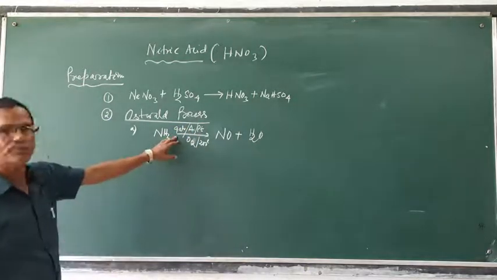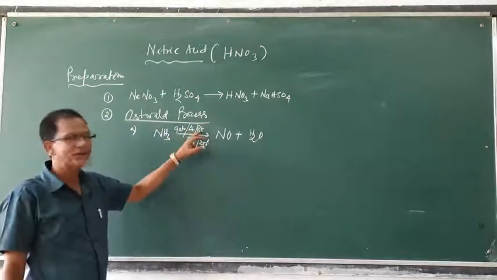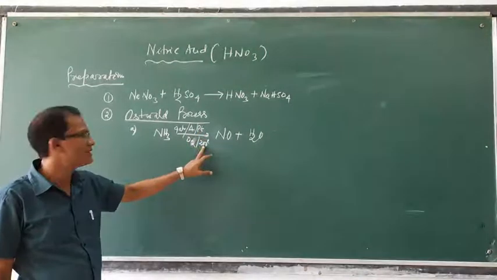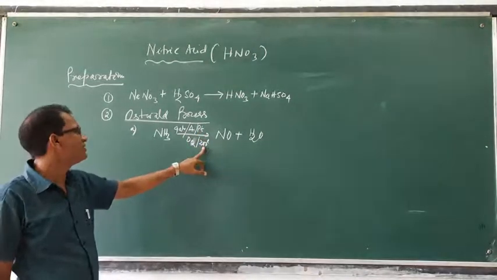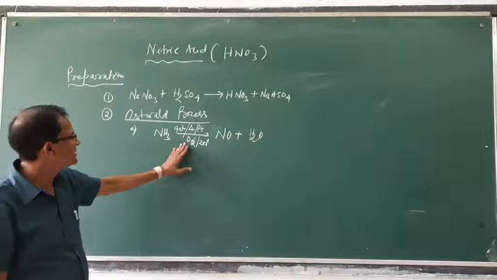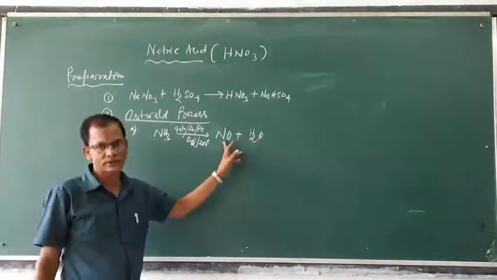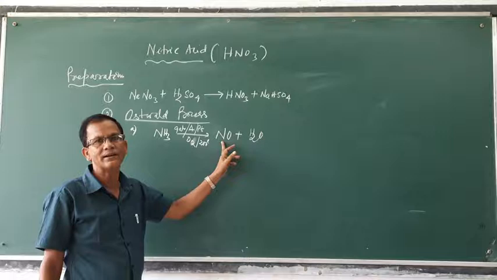At 9 atm pressure, with platinum as catalyst and heating at 200 degrees Celsius, in the presence of oxygen, ammonia is oxidized to nitric oxide.